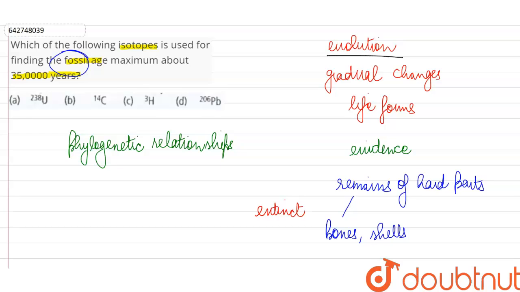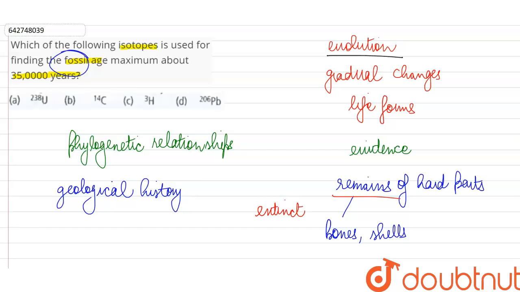So for this, whenever we find such preserved remains, we need to be sure about the time period in the geological history of the earth to which this fossil must have belonged, to which this organism whose remains we are seeing must have belonged.